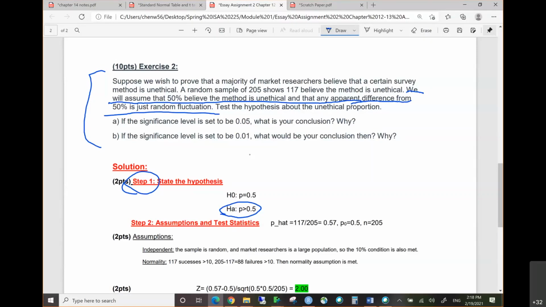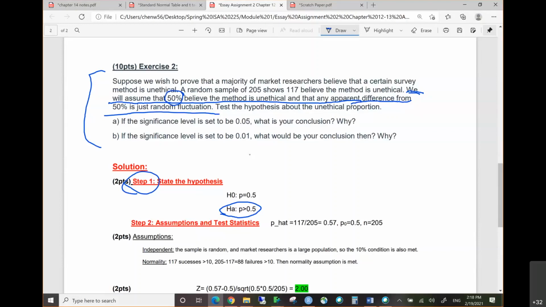We will assume that 50% believe the method is unethical and that any apparent difference from 50% is just a random fluctuation. Does this sentence tell you what you want to test? Of course not, right? So this sentence is just a statement, kind of giving you an introduction about what this 50% means.